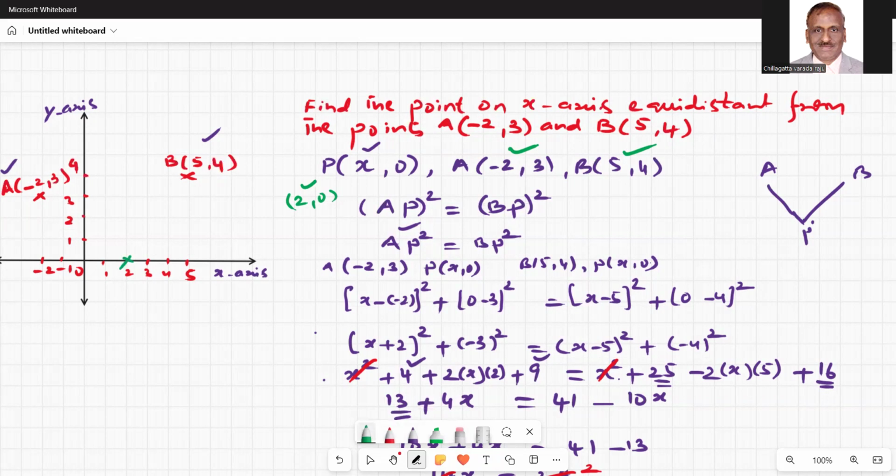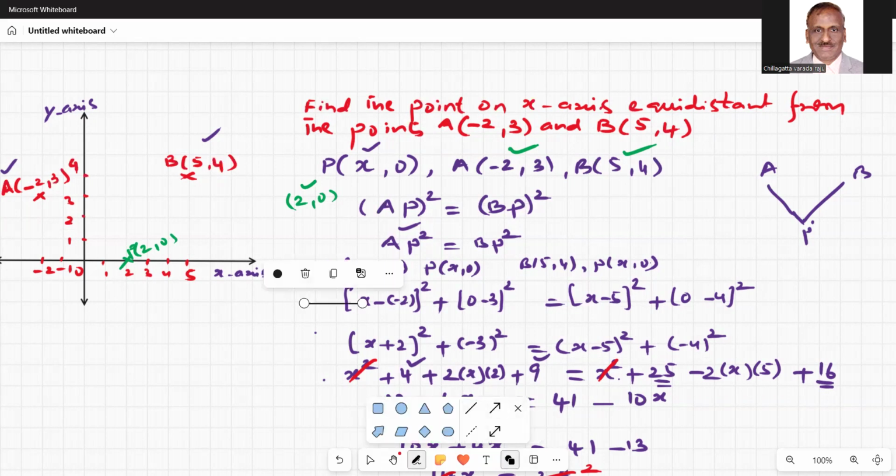So these are the coordinates of the point P. So if we join the line segments from P to the two given points, this is P to B and P to A.